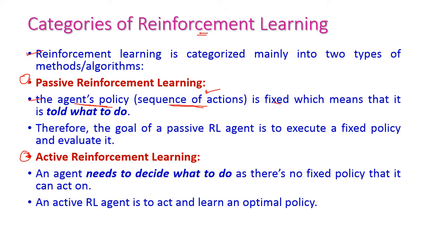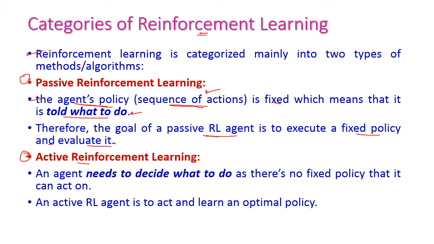That means the agent is already told what to do. So, this is very simple, and therefore, the goal of passive reinforcement learning is to execute that fixed policy and evaluate it on the environment. So, this is passive reinforcement learning.